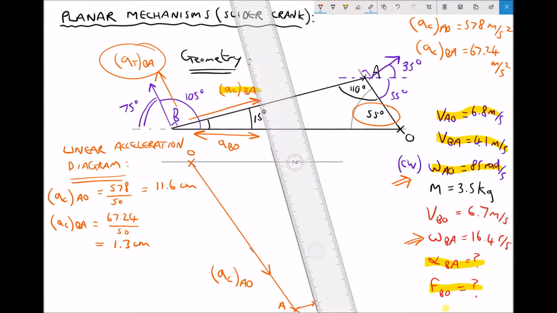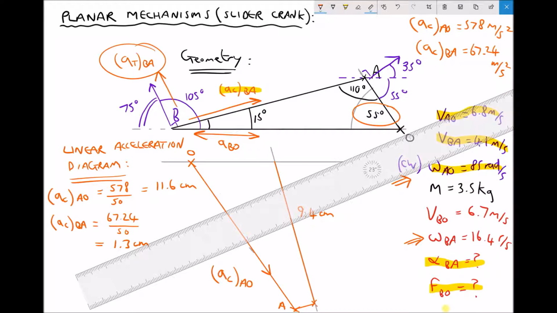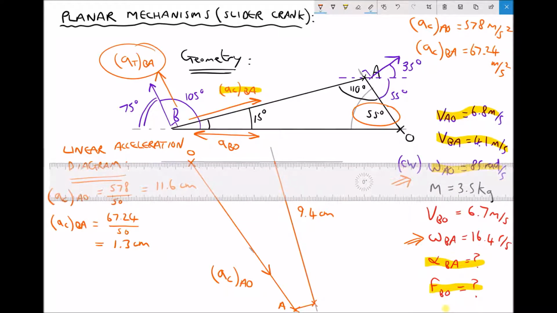We have a length here that's 1, 2, 3, 4, 5, 6, 7, 8, 9.4 centimetres. Let's make a note of that. And we have a line along the top that's 1, 2, 3, 4, 5.3 centimetres.